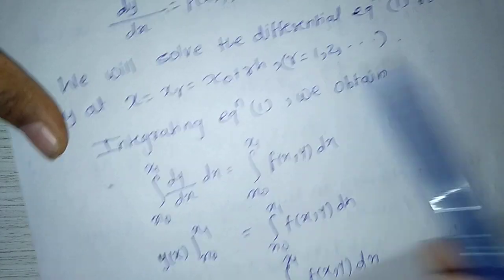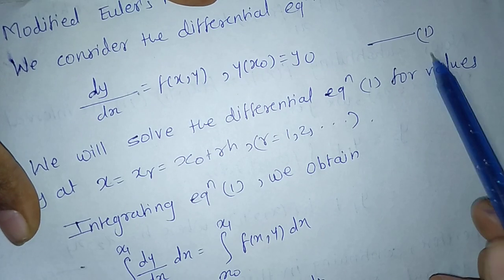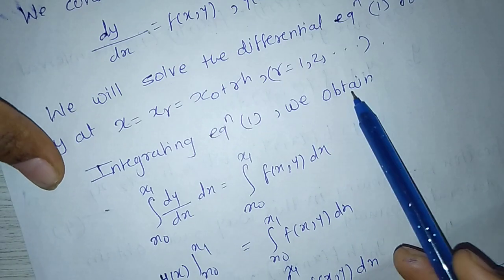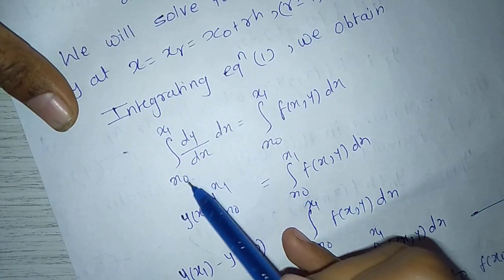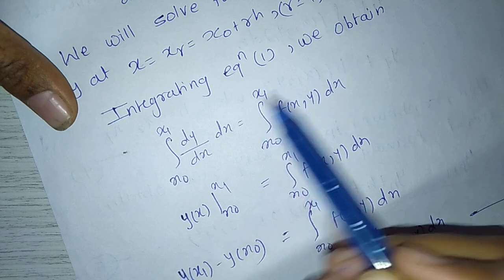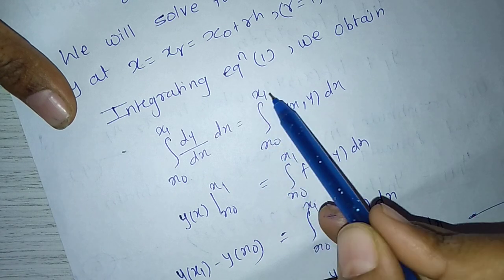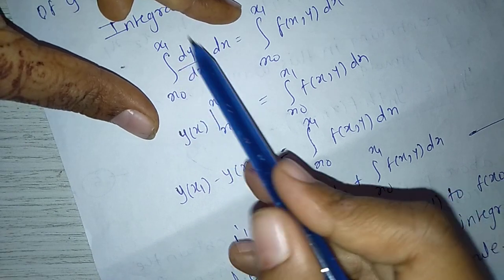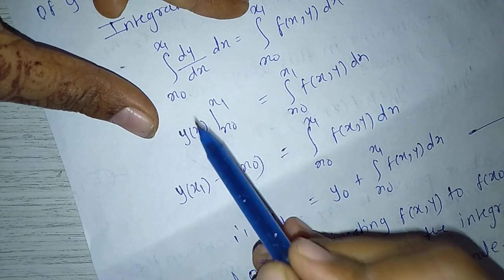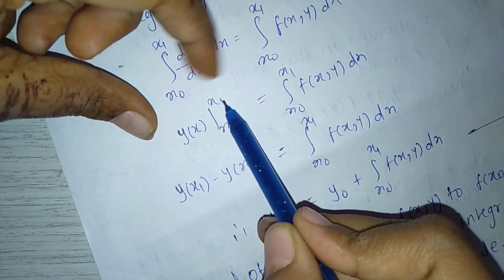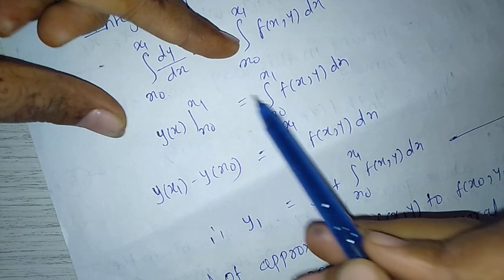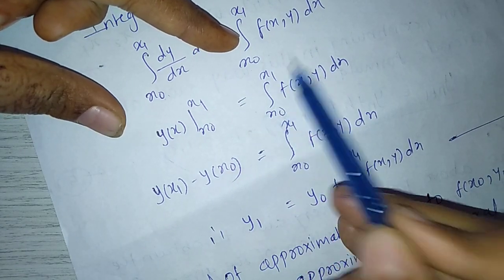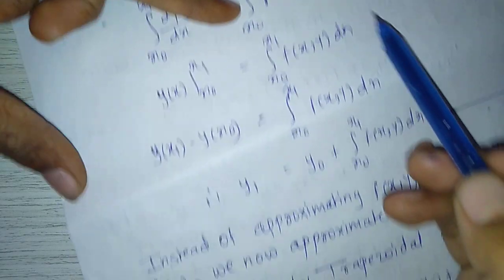Integrating equation 1, we obtain integration x naught to x1 dy by dx equal to integration x naught to x1 f of x, y dx. Integration of dy by dx with respect to x is y of x, limit x naught to x1, equal to integration x naught to x1 f of x, y dx.